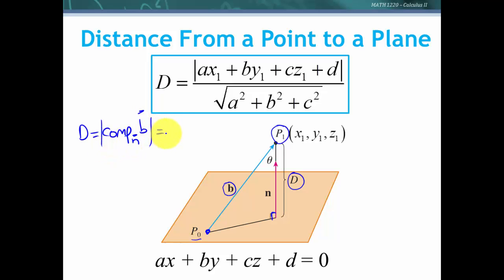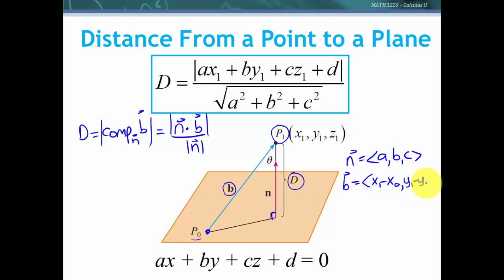Remember, when we want the scalar projection, it is N dot B divided by the magnitude of N, but we want to take the absolute value of that because we're interested in the magnitude. Let's look at this. Our vector N has components A, B, and C. Our vector B runs from P0 to P1, so that's going to be x1 minus x0, y1 minus y0, and z1 minus z0.